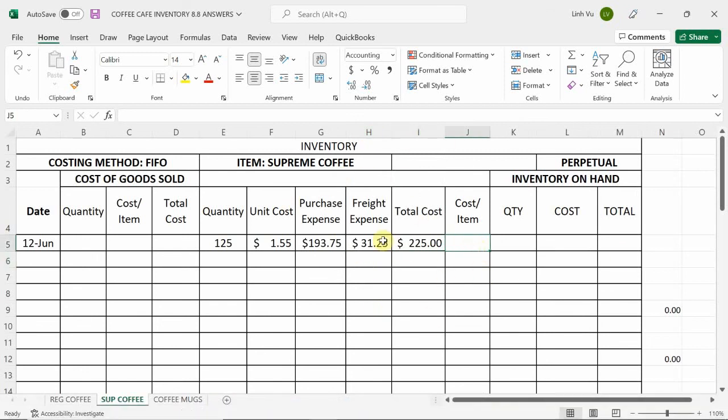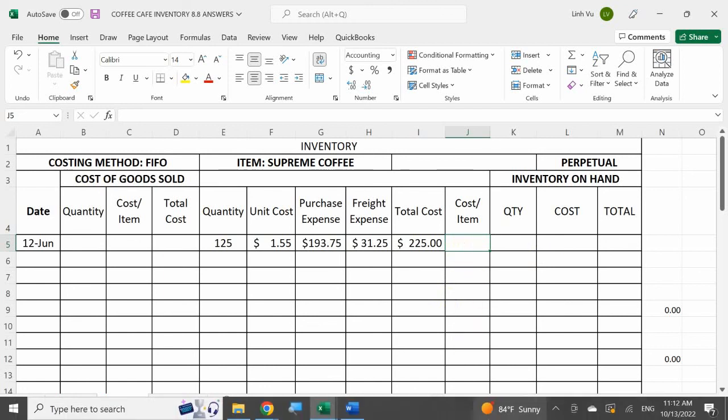In this case, I am using FIFO, meaning first in, first out. So if I'm using FIFO for my Supreme Coffee, I have to figure out what the cost per item is. What is my cost per item? $1.80. $1.80.